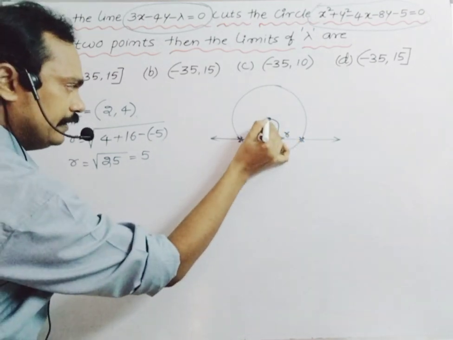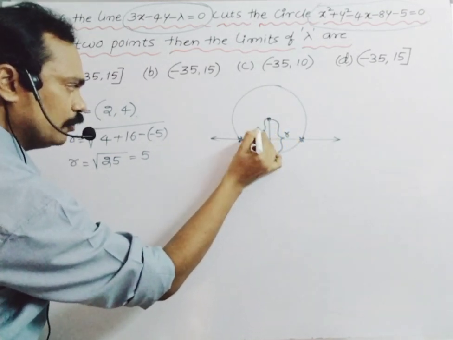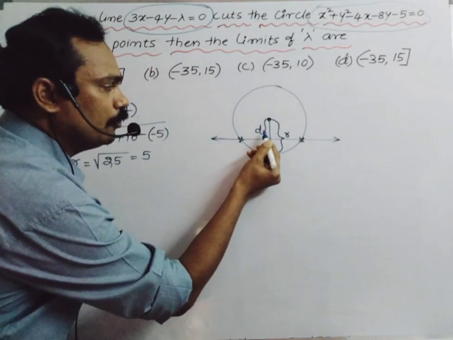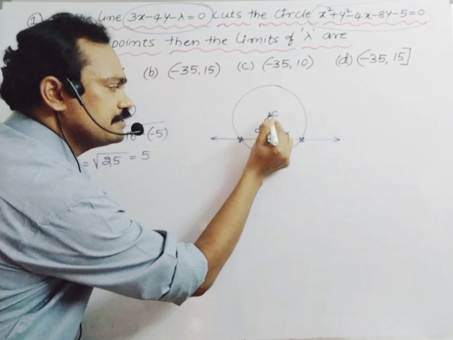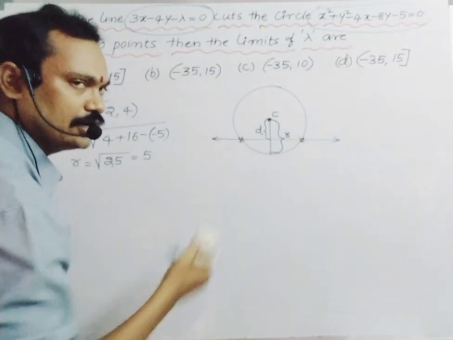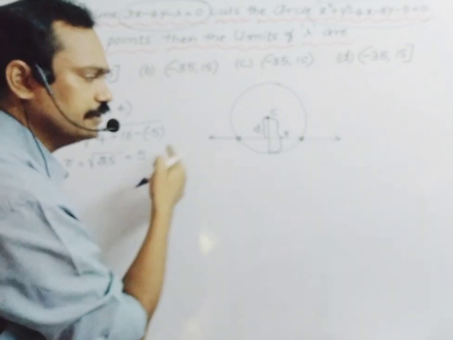And this length, let us suppose D. What is D? The length of the perpendicular from the center of the circle to the straight line. The straight line is nothing but a chord of the circle.